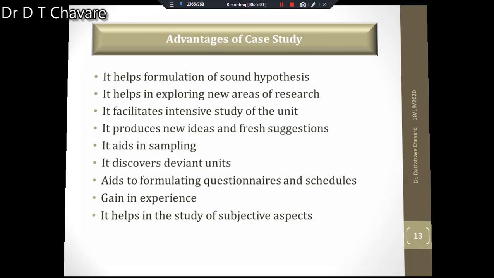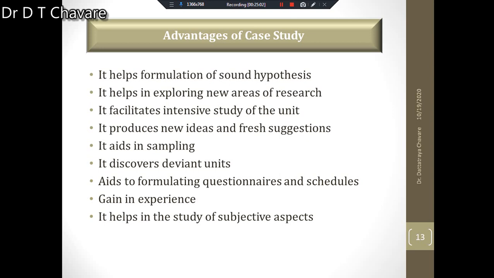Now we have to study what are the advantages of case study. What are the advantages of case study method? There are different types of advantages. As per my opinion, a dozen advantages I have mentioned here. How many? Nine. First, it helps formulation of sound hypothesis.